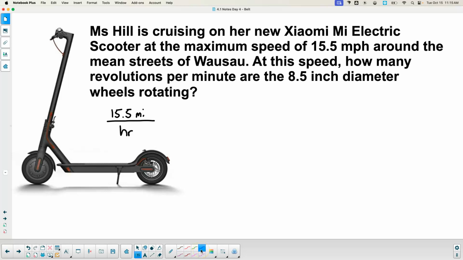So this is an inch, so I got to get it down to an inch, correct? So 1 mile is what? Remember, there is a stuff you should know board. 5,280 feet. Yep.